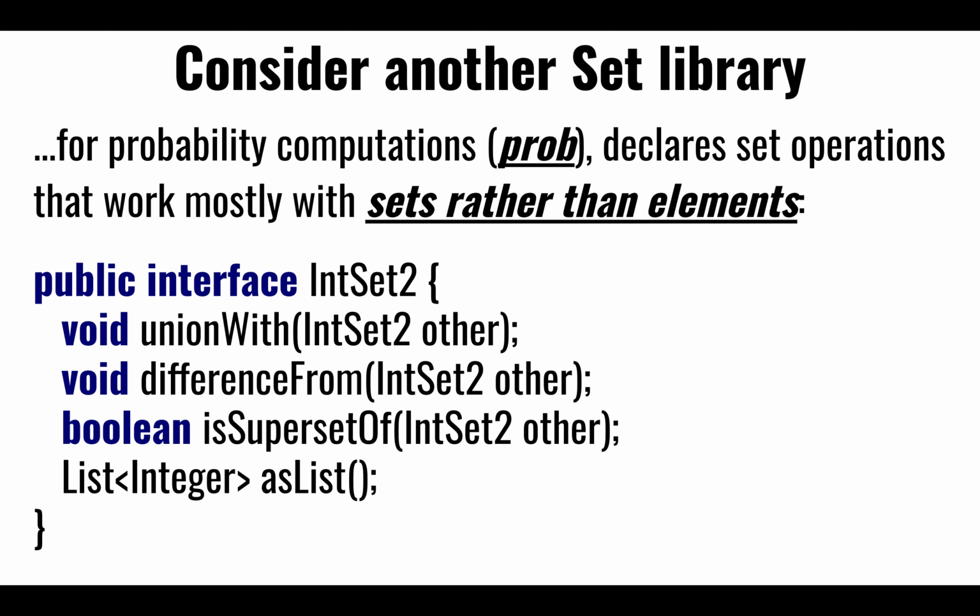We could extrapolate the fact that perhaps we could write one in terms of the other, right? That they're basically the same thing, but in perhaps a different level of abstraction. Okay. So this is a different library, the probability library, the prob library, and the other one is the graph library. Two different libraries, two different vendors, two different packages. They're not compatible, right? These two interfaces are not compatible.